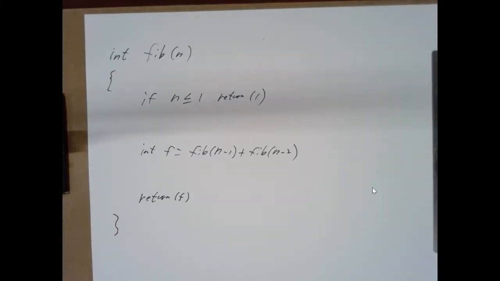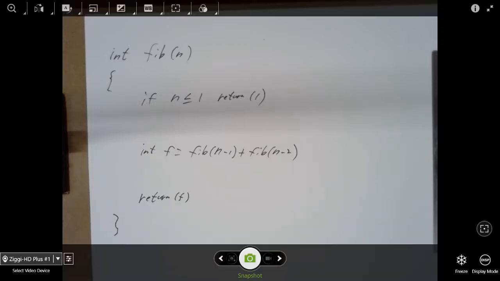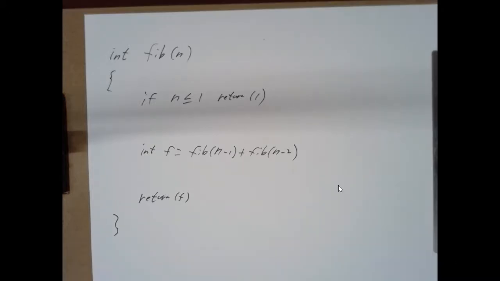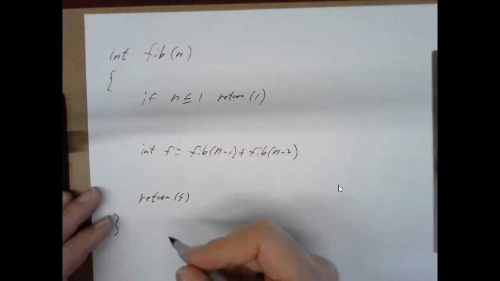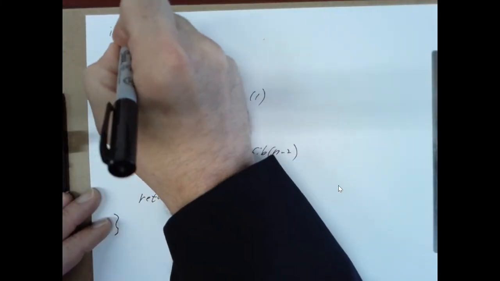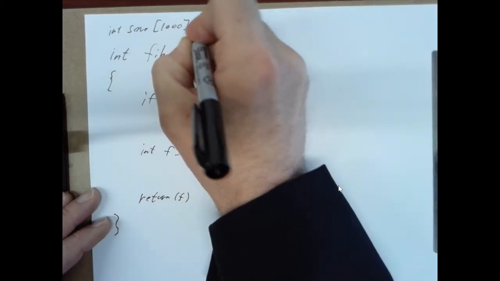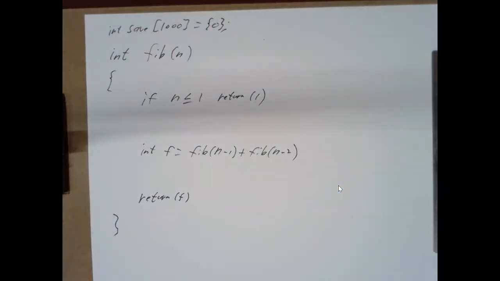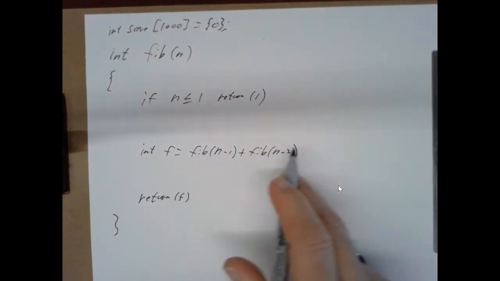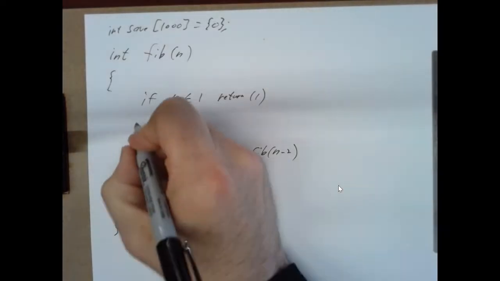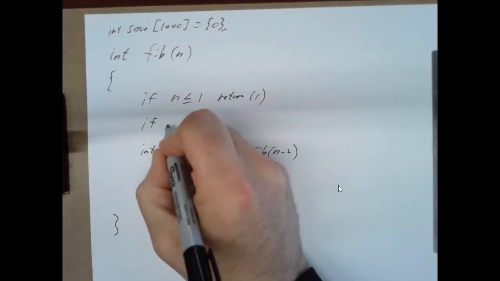Okay, so that's standard recursive Fibonacci. Really, really inefficient computationally. So the idea is when we come into the top here, we're going to have some kind of cache, some sort of save array that we initialize to 0. And before we do this recursive step, we're going to say, let's see if we've already calculated this value.